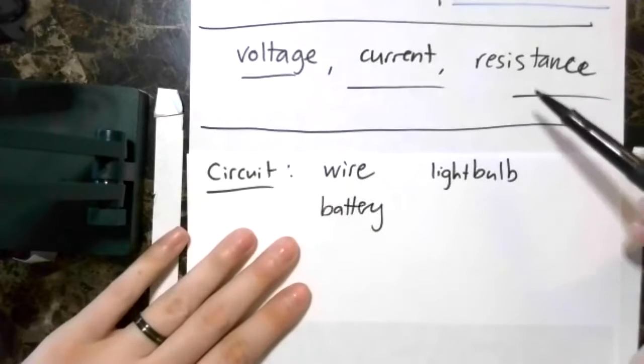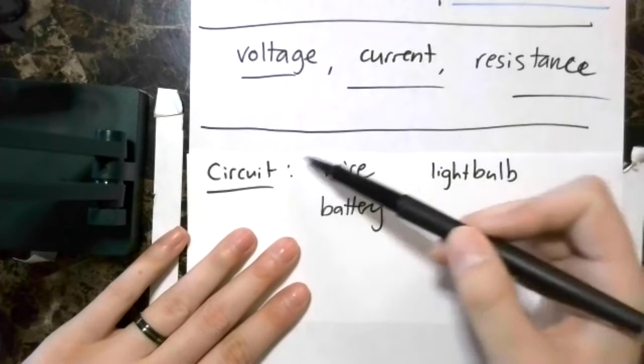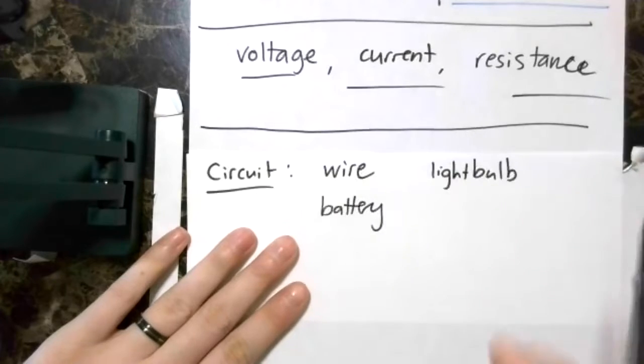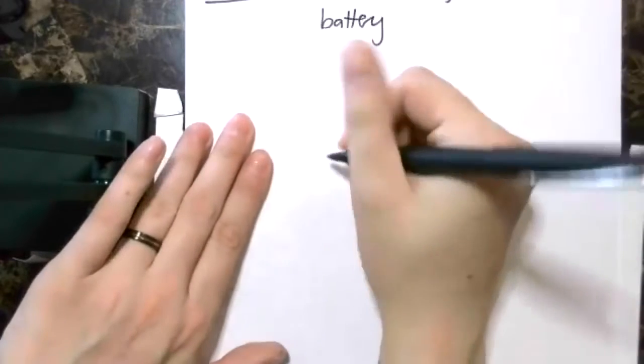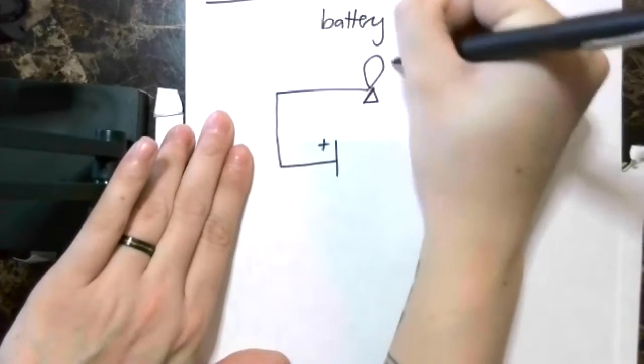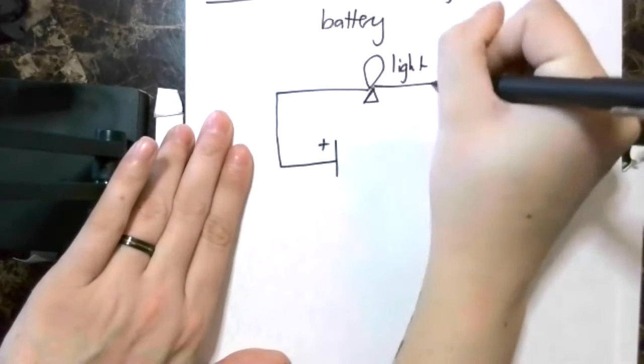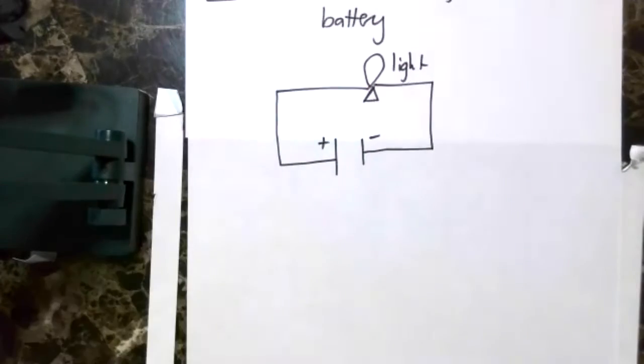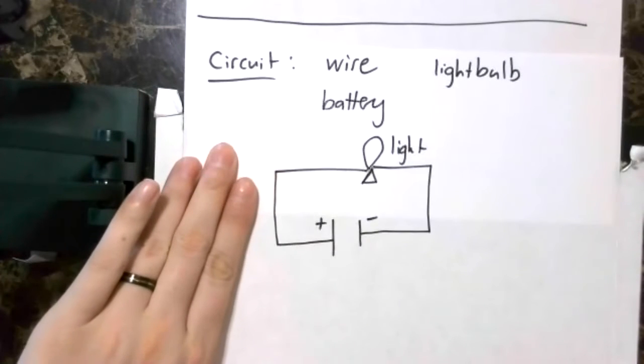So I want to take this idea of resistance and think in terms of this circuit. So I'm going to draw it again. We've got our positive terminal, we've got our light, we've got our battery. So again, just big components, simple system.